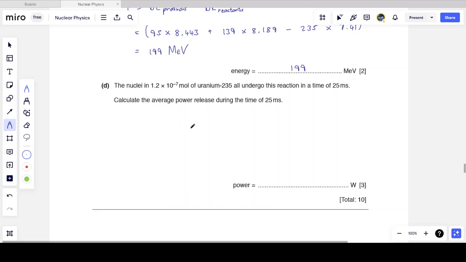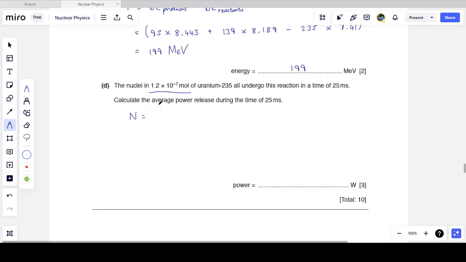So how do we know the power? Well, let's forget about the power and first think about the total energy that's going to be released. We know the energy that's released for a single nucleus of uranium. Now we want to find the number of nuclei in this many moles of uranium. So we think back to ideal gases.